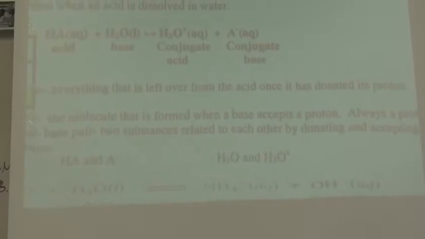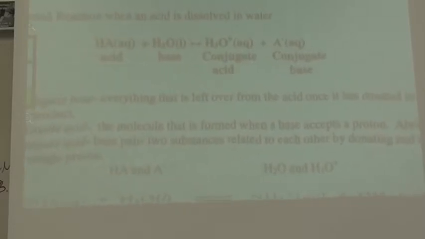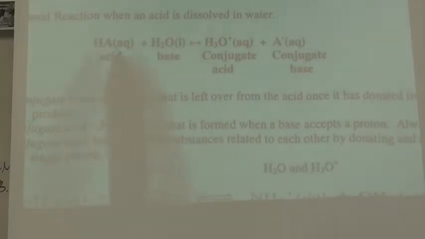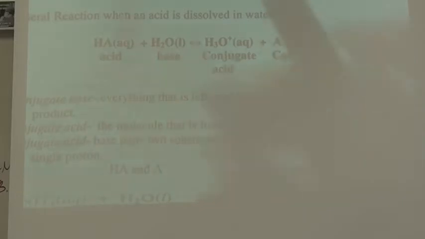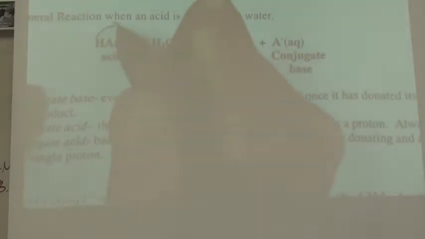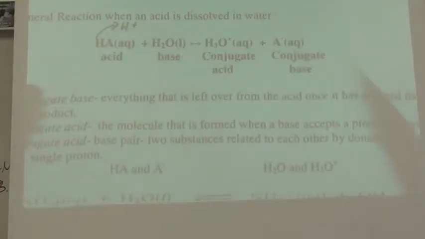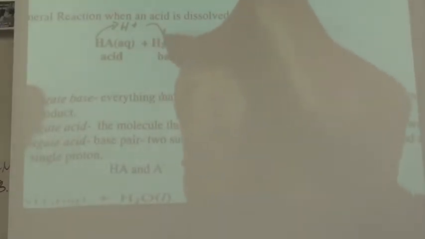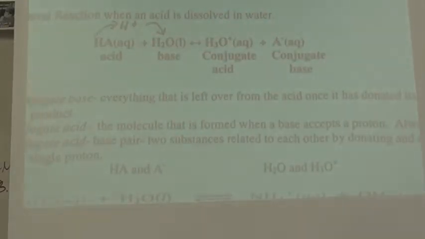All right, the general reaction for a Bronsted-Lowry acid and base is like this. The acid and the base react, where the acid has to donate or give up the hydrogen ion, and the base must accept it.